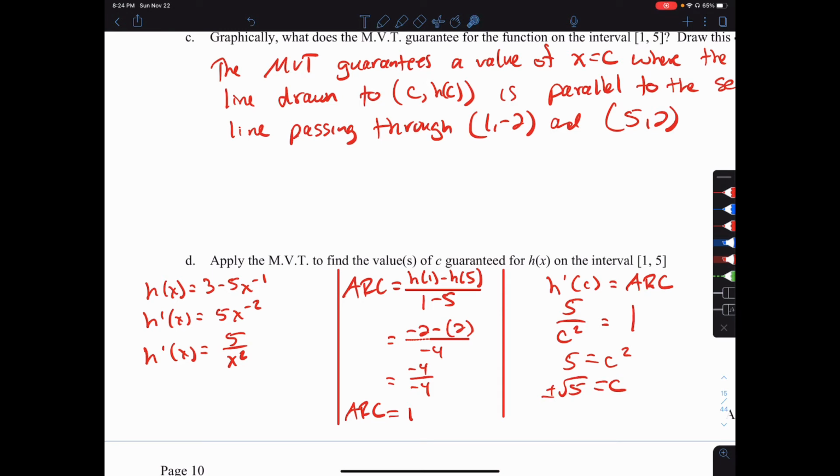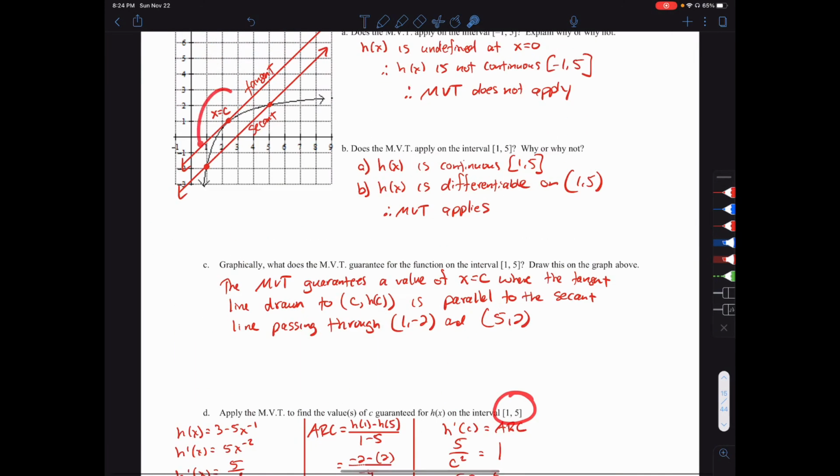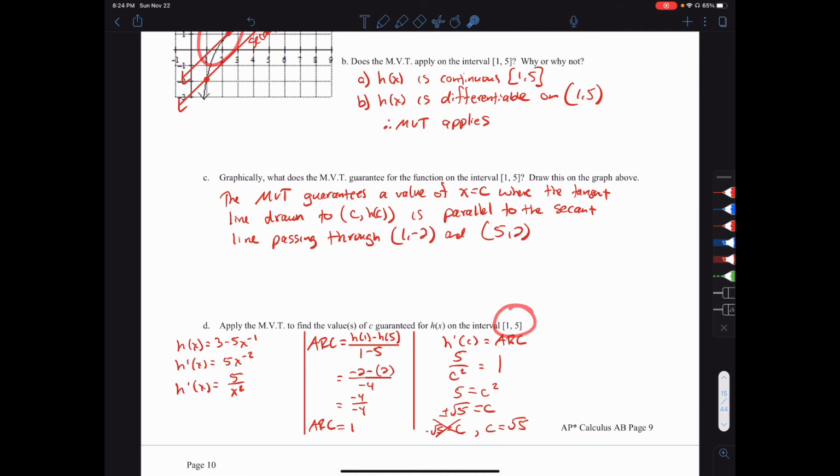However, negative square root of 5 is not in the domain. So c has to be the square root of 5, which is between 1 and 5. That's why we weren't sure what this was. It was an irrational answer.